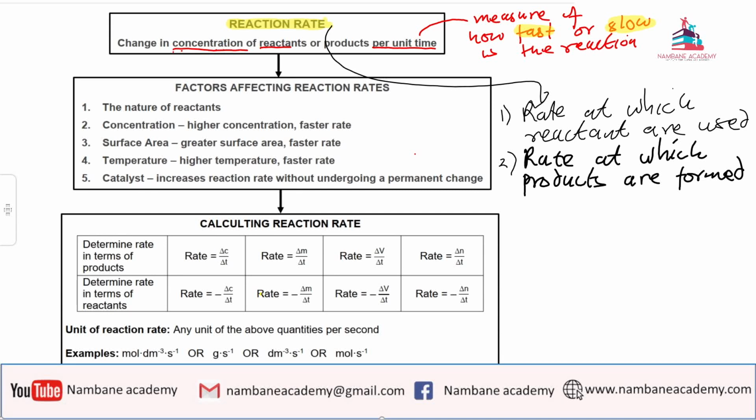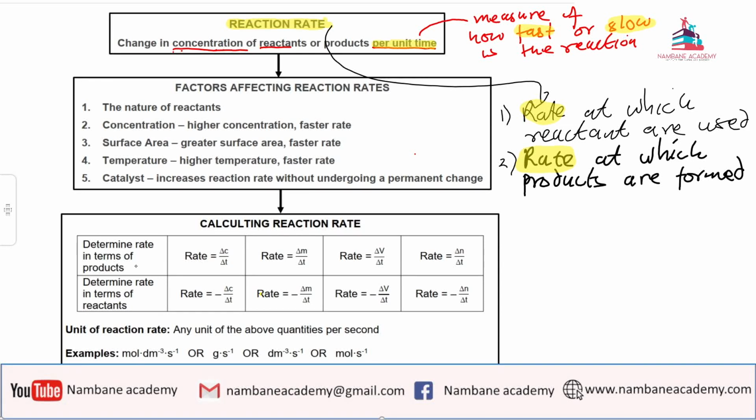But now let's look into it. The word rate is already there in the second one. So what does this say to me? If I am going to use definition number 1 and 2, I cannot use the wording per unit time because rate is already part of the definition itself.